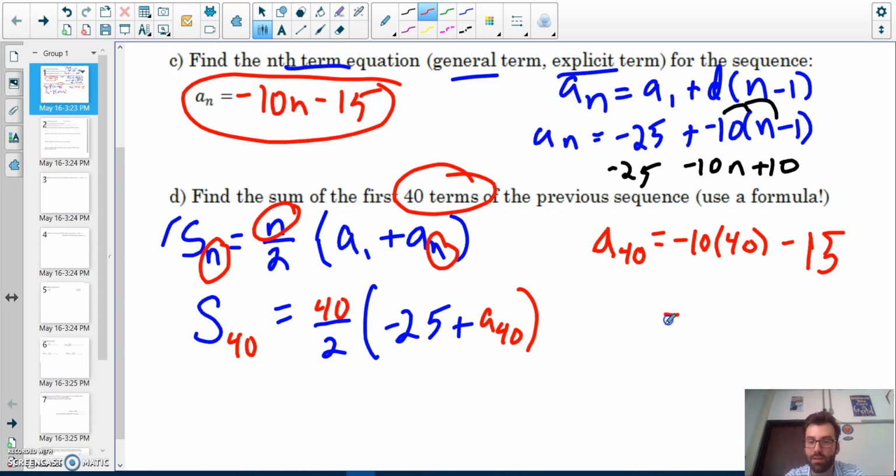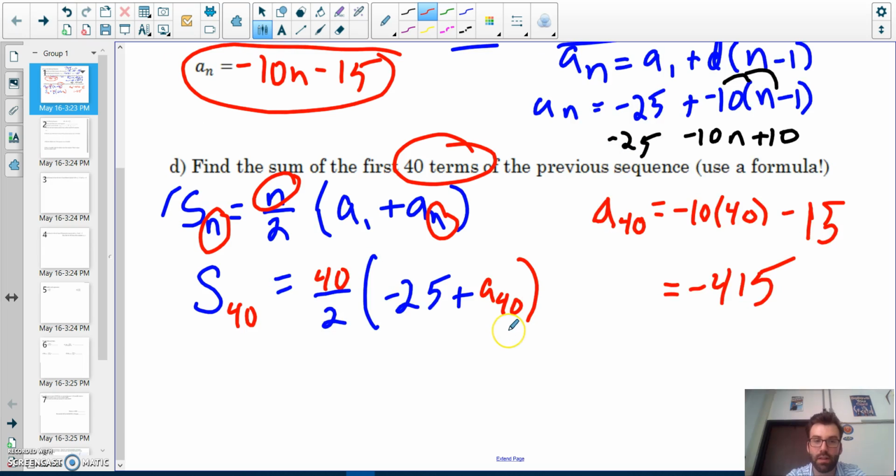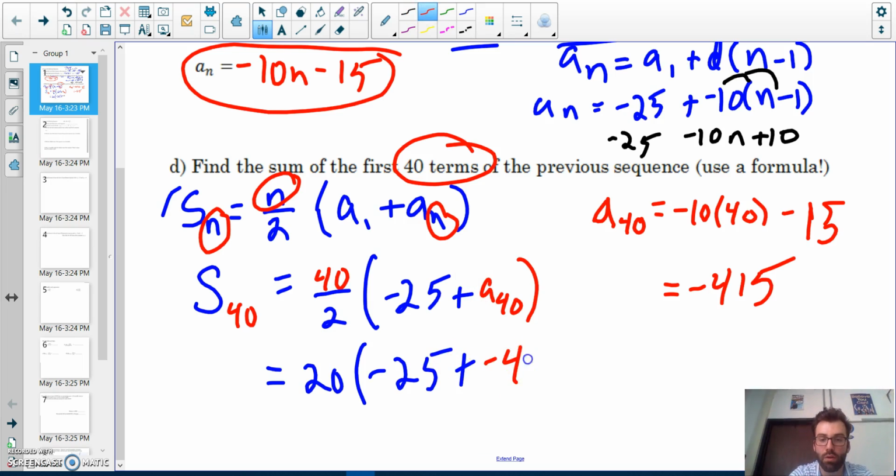Minus 15 gives me negative 415. So now instead of a sub 40, I have negative 415. So I can do this: 20 times negative 25 plus negative 415.